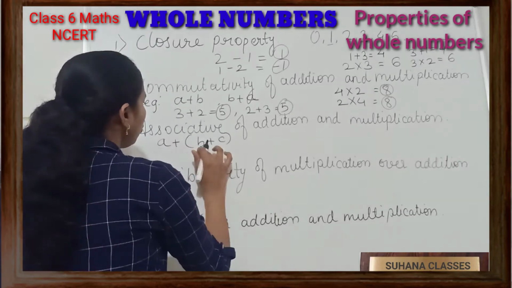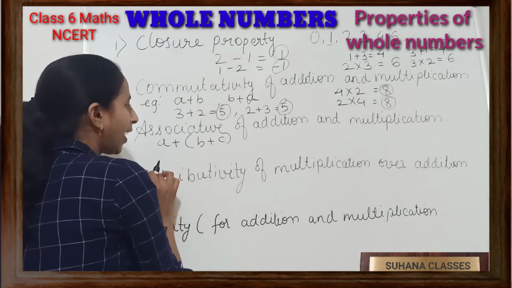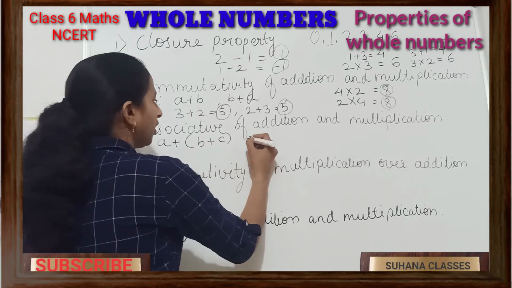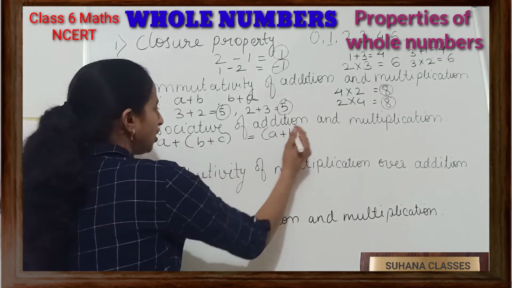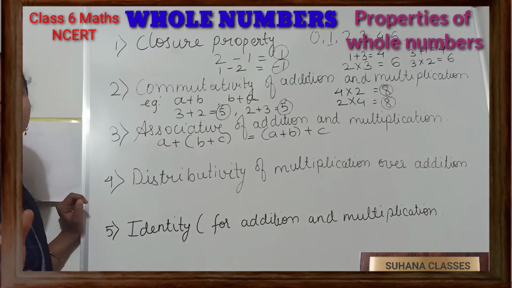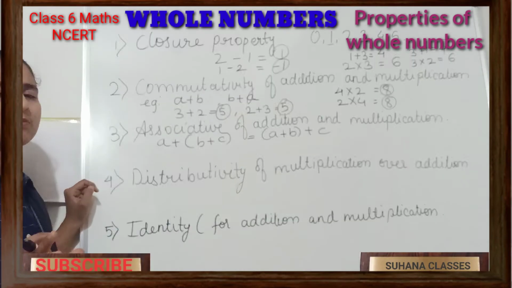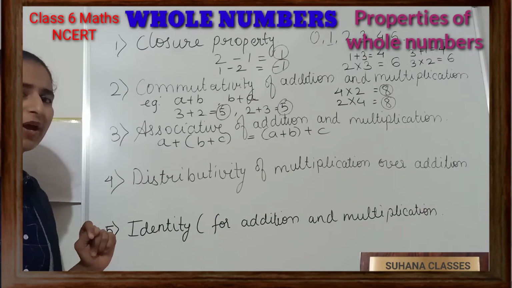So if you keep A separately and first you add B and C, or if you add A plus B first and afterwards add C, in both the cases my answer should come the same. If the answer is coming the same, then only I can say that associative property is followed by addition.